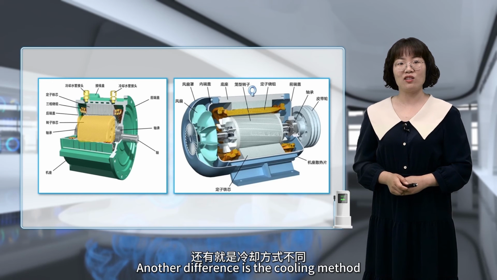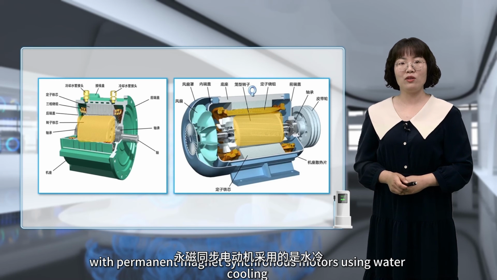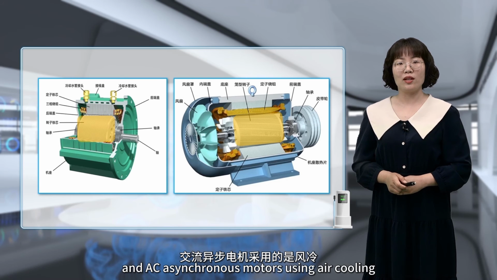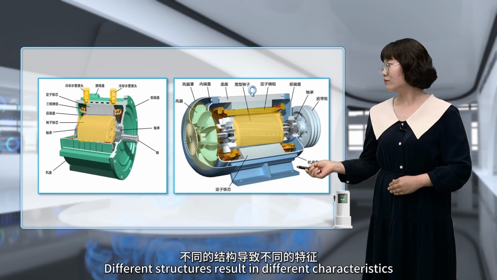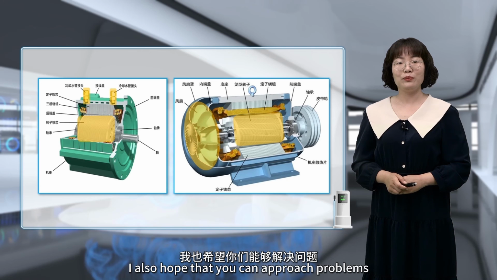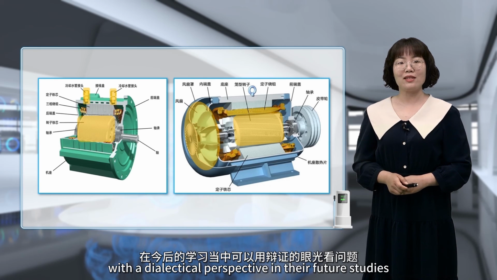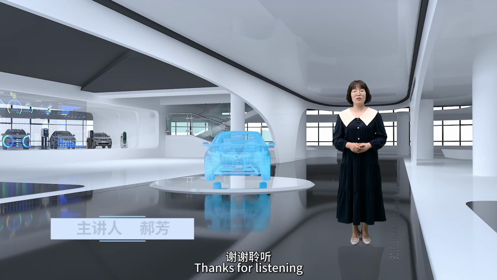Another difference is the cooling method, with permanent magnet synchronous motors using water cooling and AC asynchronous motors using air cooling. Different motors and different structures result in different characteristics. I also hope that you can approach problems with a dialectical perspective in your future studies. That's all for today's lesson. Thanks for listening.